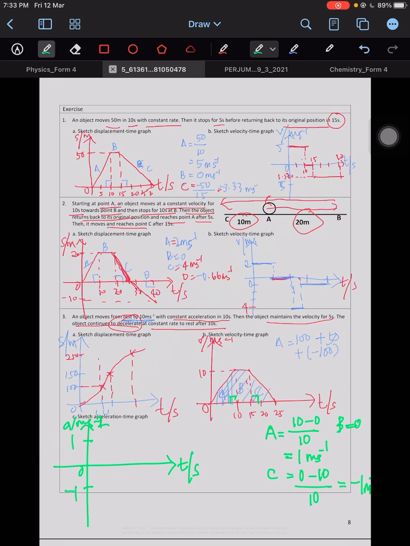So here 1, how long? 10, 20 and 30. So here 1 for 10 seconds. And then afterwards, for how long does it remain? For 5 seconds.